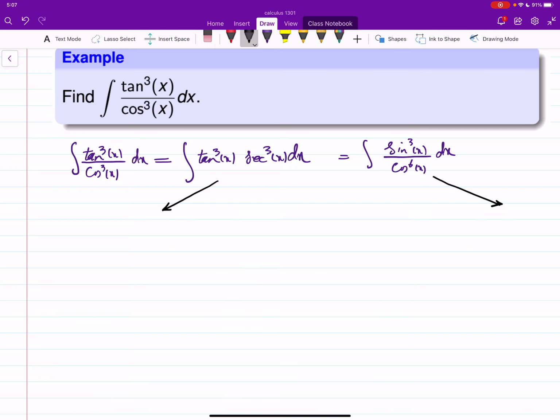Here I have an odd power of secant times an odd power of tan. What I can do is take out a power from each one of these.